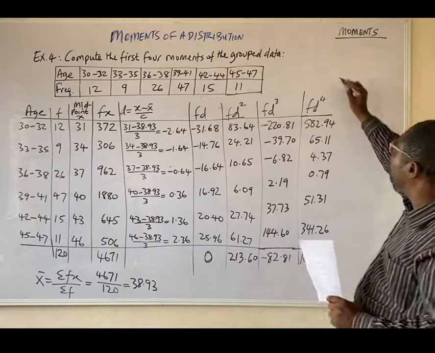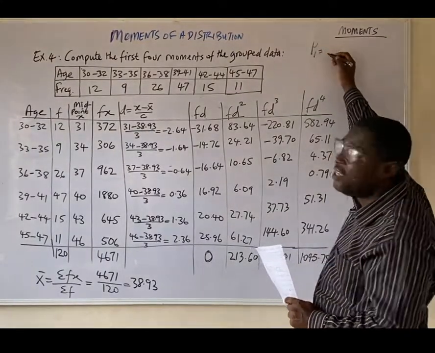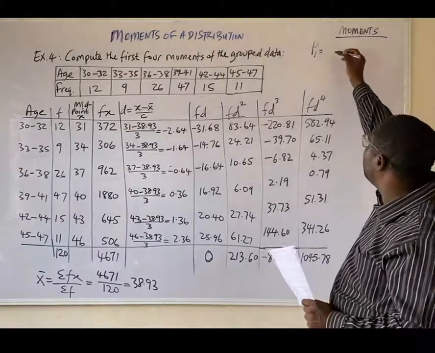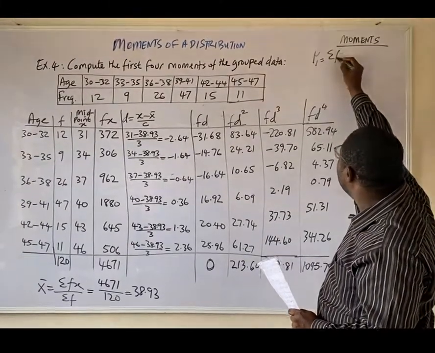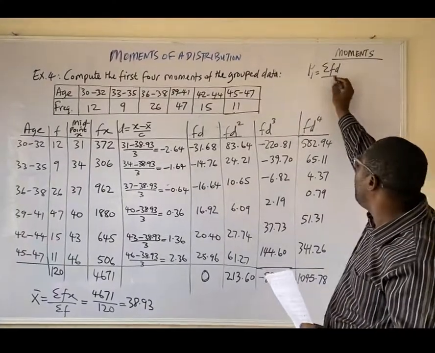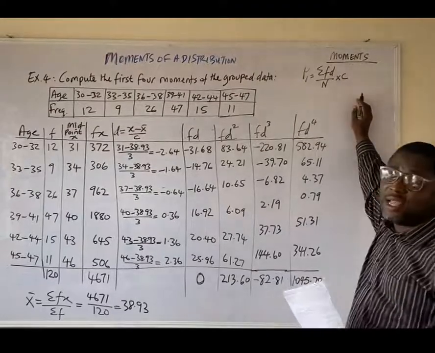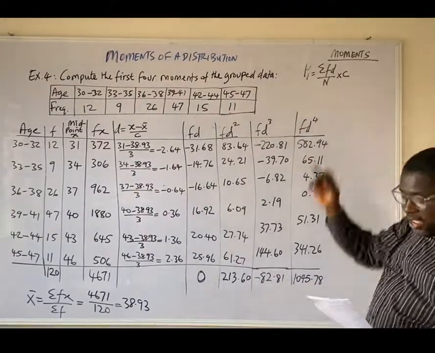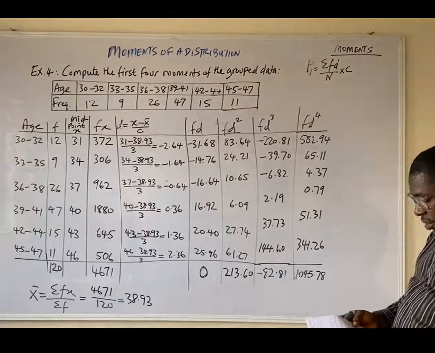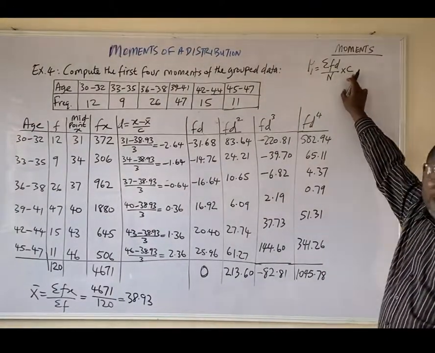The first moment is given as summation FD all over n times the class size. Summation FD all over n times the class size.